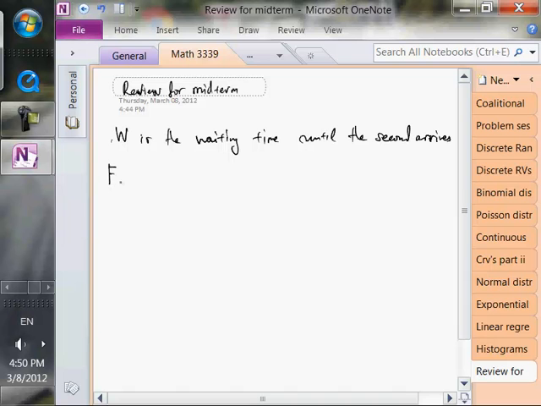You try to find the distribution of W. That's the CDF of W, the cumulative distribution function of W. And let's say that you try to find that value for A. That's the probability that the waiting time will be less than or equal to A. And of course, this is 1 minus the probability that the waiting time will exceed A. Correct? If the waiting time until the second call arrives exceeds A, what does that mean?